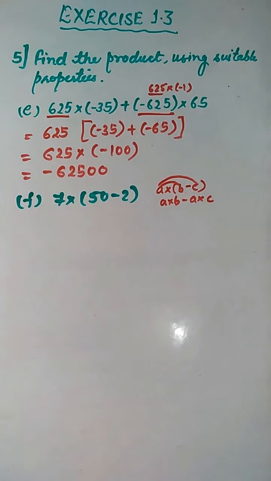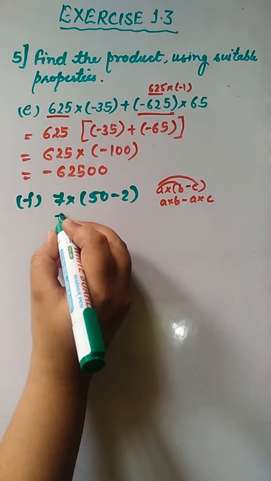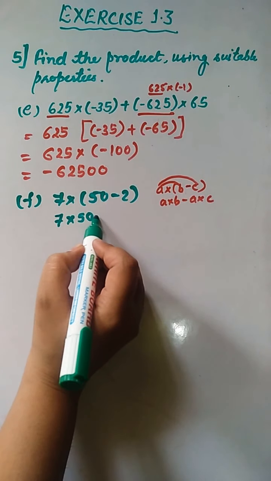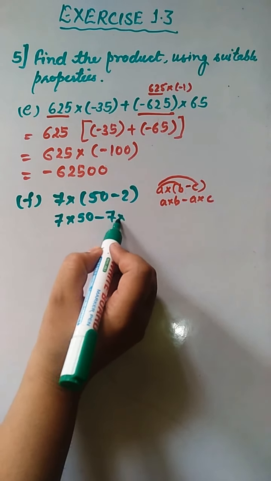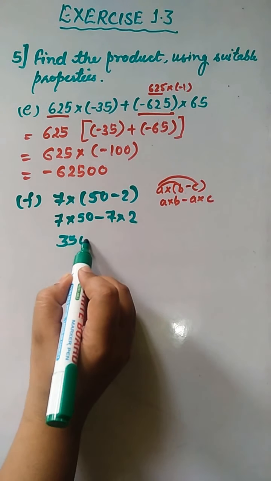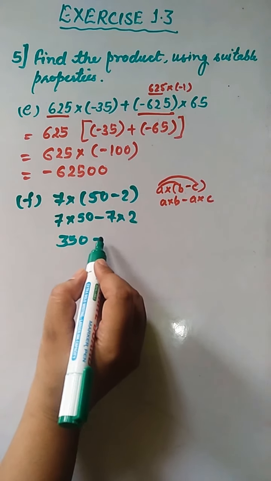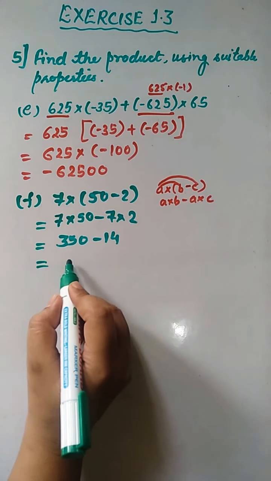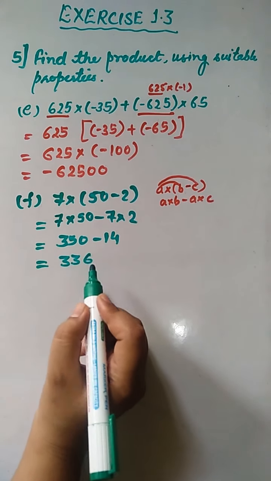The same property we will use here. So 7 into 50, first we will multiply 7 and 50, minus sign, then 7 into 2. So 7 into 50 is 350, 7 into 2 is 14. So 350 minus 14 is how much? 336.